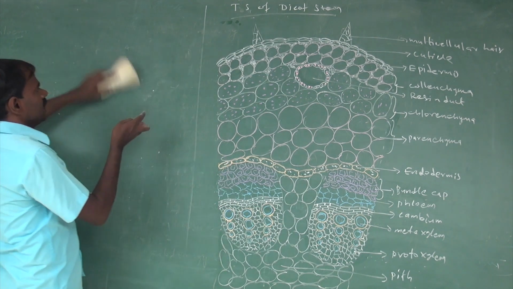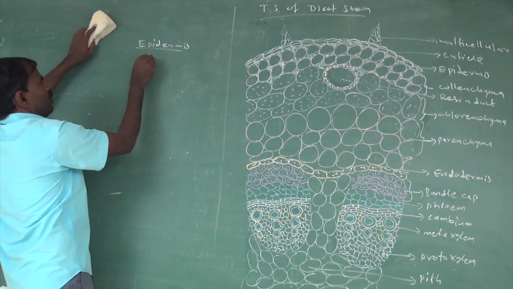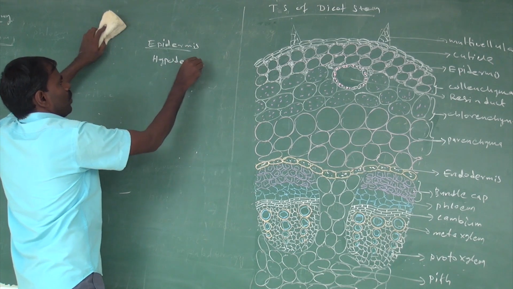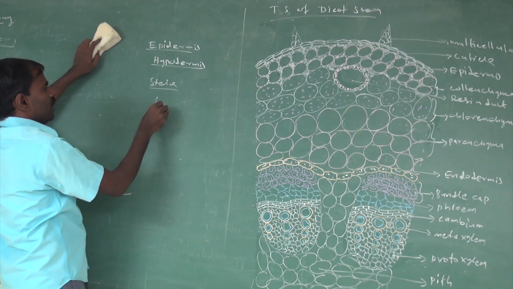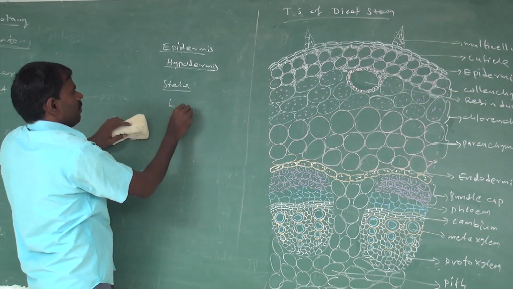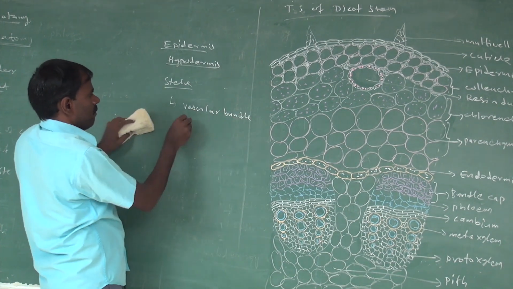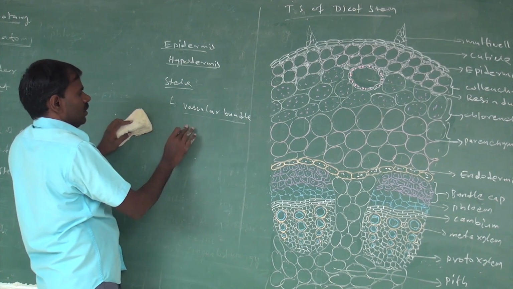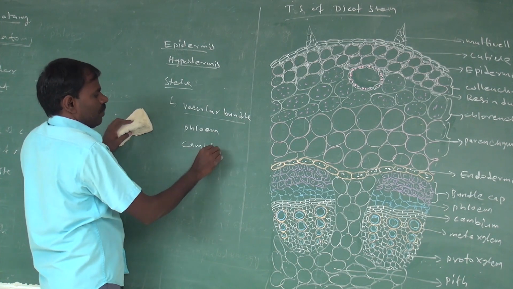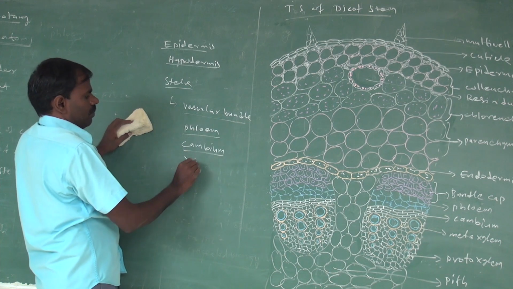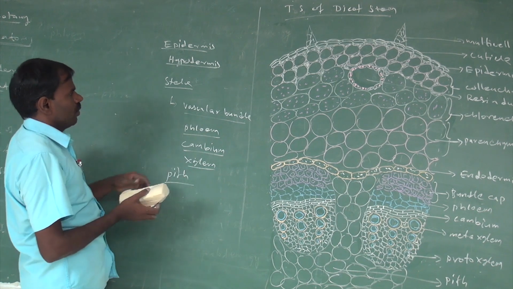This dicot stem contains epidermis, then hypodermis, cortex, vascular bundles with phloem, cambium, xylem, and pith. Now I am going to discuss them one by one.